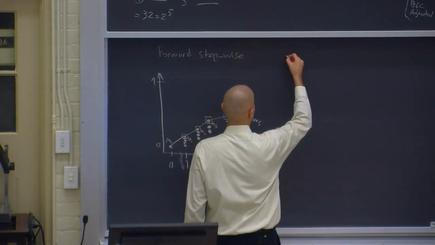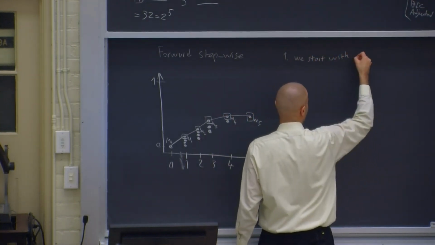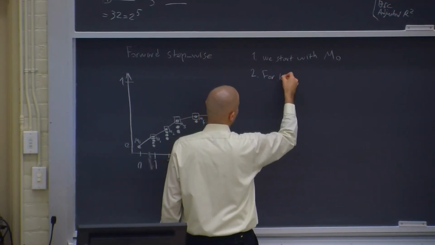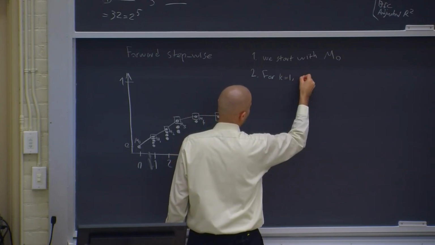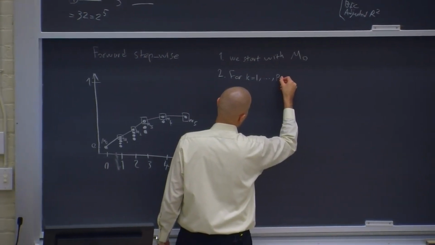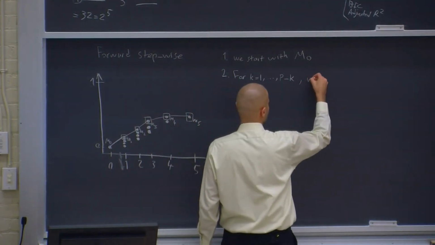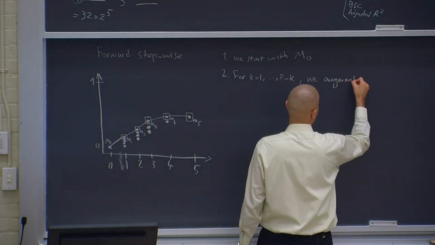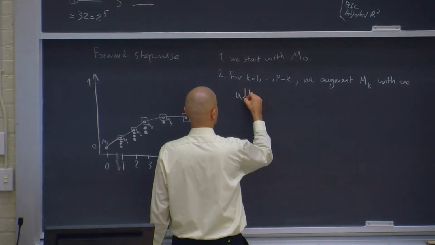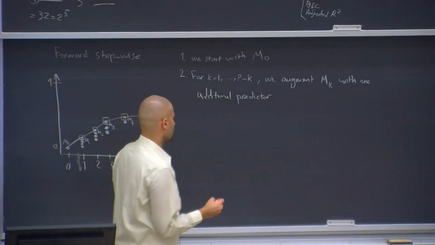So just to repeat, we start in step 1 with a model with no predictors, which is M0. Then for k equal 1 all the way to p minus 1, we augment Mk with one additional predictor.